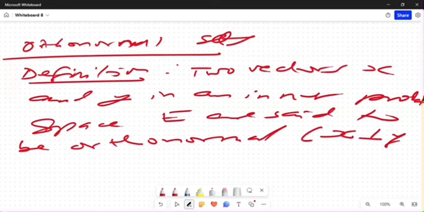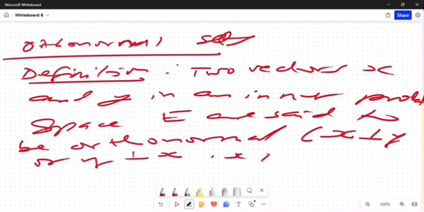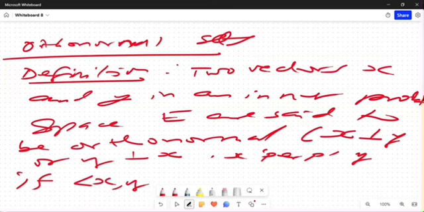That's the way it's said. Or you can also say y pap x. Look at the way it's read: you say x pap y or y pap x, and if you have that the inner product of x comma y is actually 0.